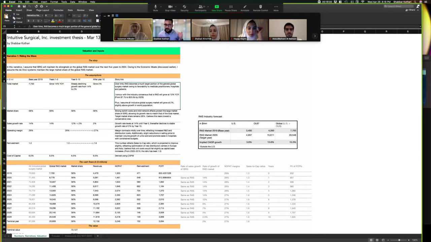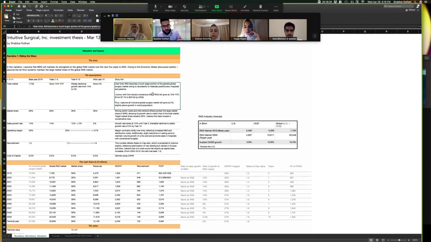What the industry experts are projecting is that this hospital, the one customer of ISRG, is going to do more RAS surgeries in 5 years and in 10 years than they do today. Therefore, RAS is going to grow faster than the overall global surgical equipment market. So you'll notice the story link that I have corresponding to total market, where I've explained what my thoughts are.